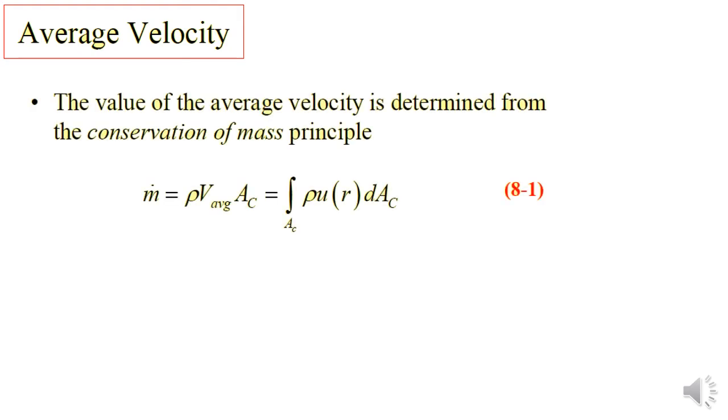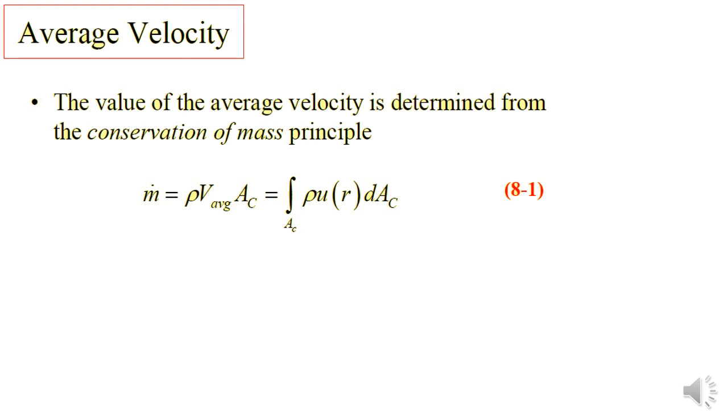An important parameter for internal flow is the average velocity. The value of the average velocity is determined from the conservation of mass principle, where mass flow rate in is equal to mass flow rate out. From this fundamental equation, we can convert it into m dot equal to rho V average times the cross-sectional area Ac.